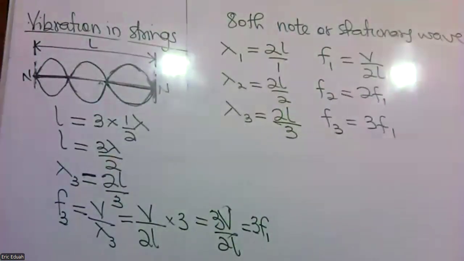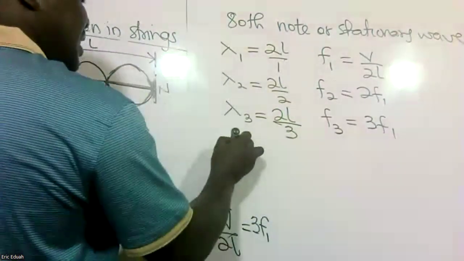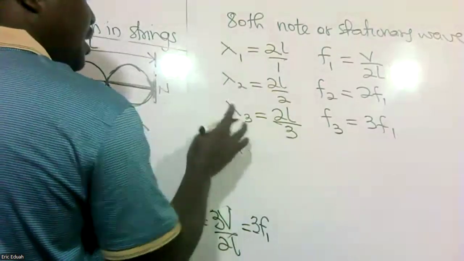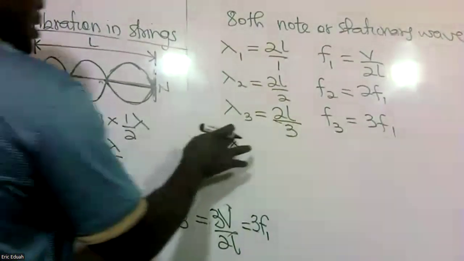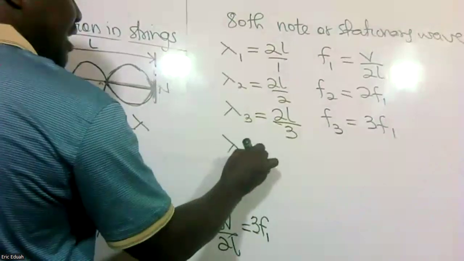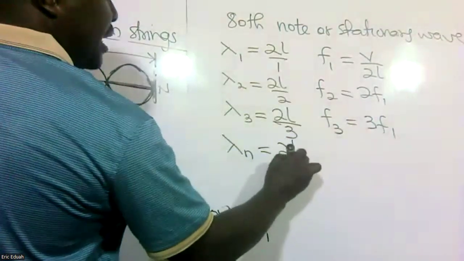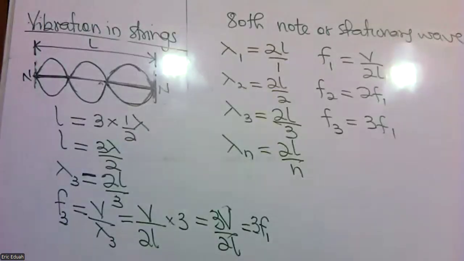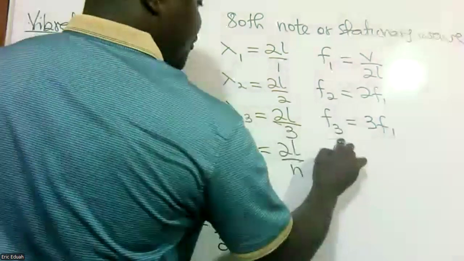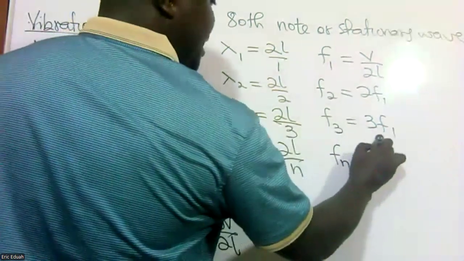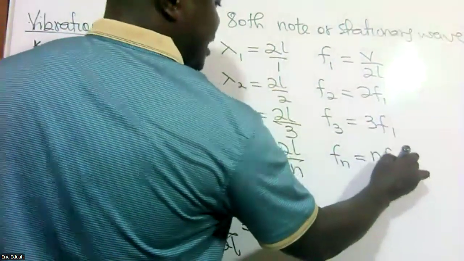So there's a pattern, meaning for the nth note, the wavelength will be equal to 2L on n, and Fn would also be n times F1.